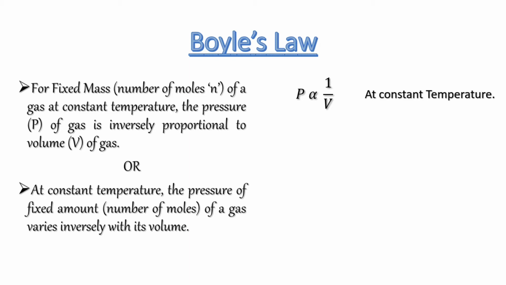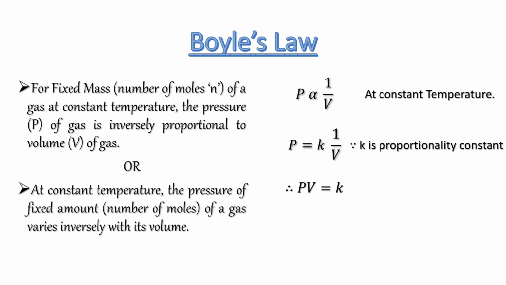As we know, a proportionality constant K can be used in place of the proportional symbol. Therefore, sending V to the LHS, we can write PV equals K, where K is a constant. That means pressure times volume always remains constant for any ideal gas at a given temperature T.